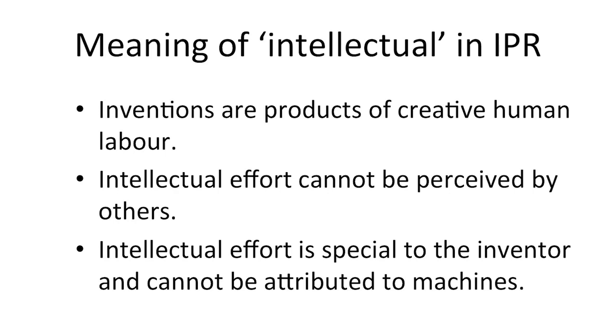Whereas the tailor who actually embroidered a piece of design on a cloth, we would say that involved an intellectual effort. So we distinguish intellectual as something that comes from human beings and not from machines. We also distinguish intellectual as something that is special to human beings and not to other beings.